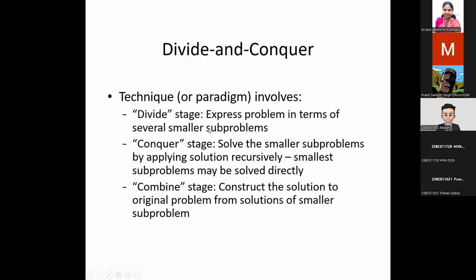In the divide stage, what will we do? Express the problem in terms of several subproblems. Say, for example, you are supposed to get 61 credits to get the degree, but you are not registering for all 61 credits in the first semester. The same 61 credits are offered to you over 8 semesters. In the first semester, you are taking around 3 into 5 or 6, 18 credits or 20 credits.